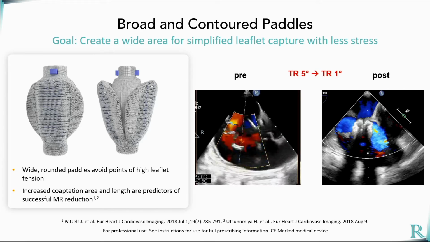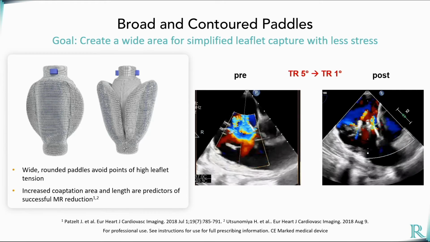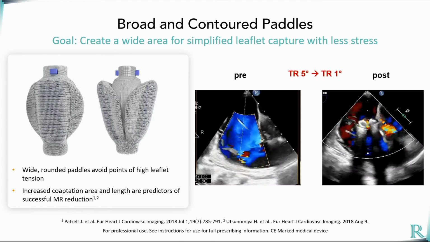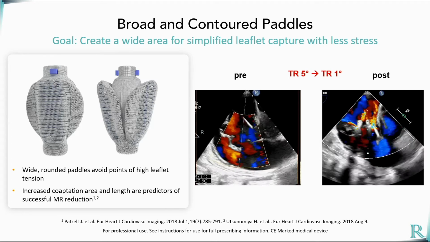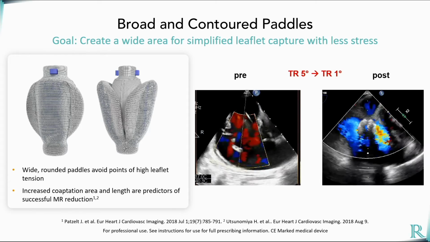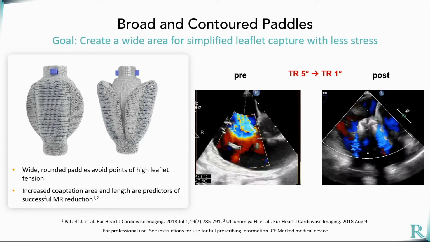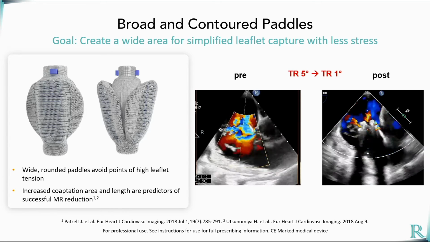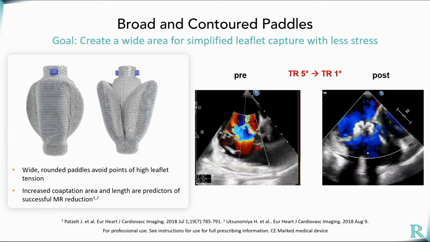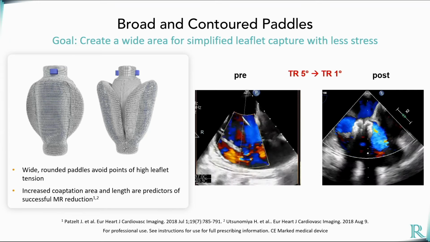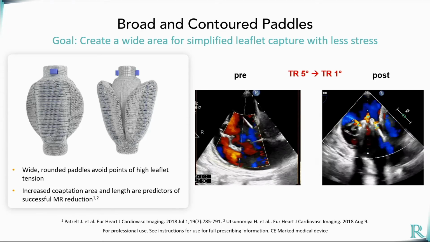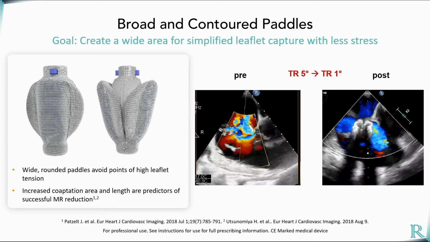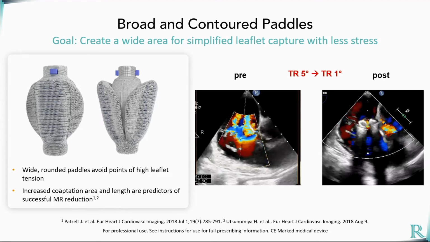Now, in the following, I'd like to demonstrate a couple of examples of our tricuspid cases and how we try to make the most out of the specific features of the PASCAL device. There are two systems, and I'd like to start off with an example where we use the larger PASCAL device. It has broad contoured paddles, which allows you to get in a lot of leaflet tissue. That can be particularly helpful when you are faced with an anatomy like this one with torrential TR, so tricuspid regurg grade 5.